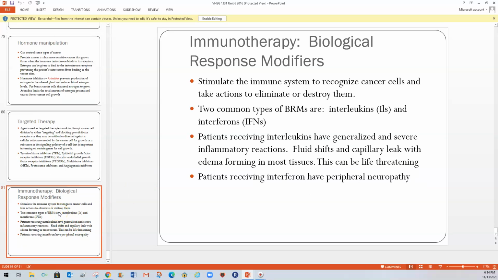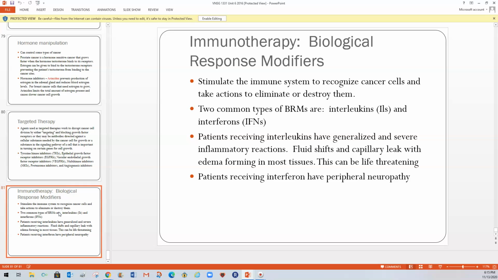Immunotherapy, biological response modifiers stimulate the immune system to recognize cancer cells and take action. So trying to kick in our immune system to respond. Two commons are interleukins, which you hear of, and interferons. So they're interfering with these cancer cells to try to eliminate or destroy them.